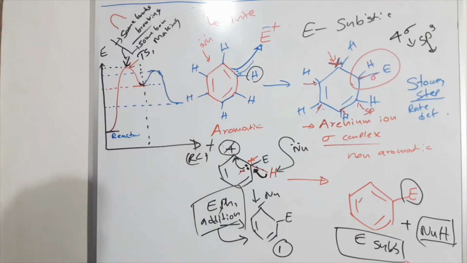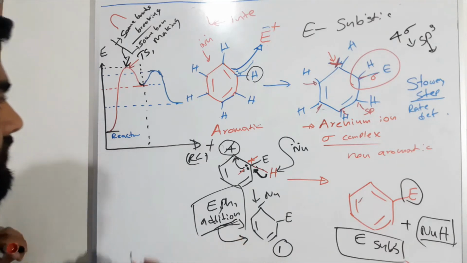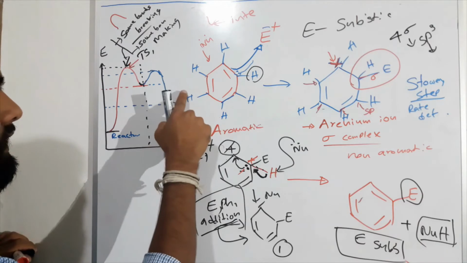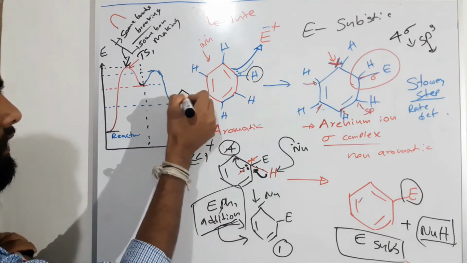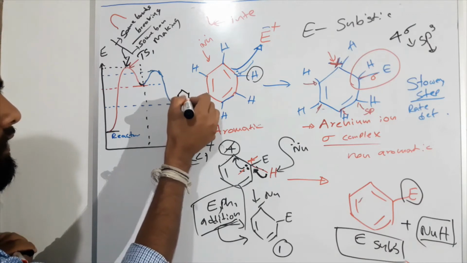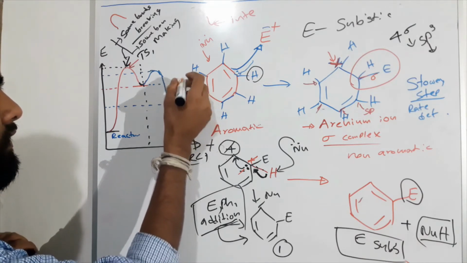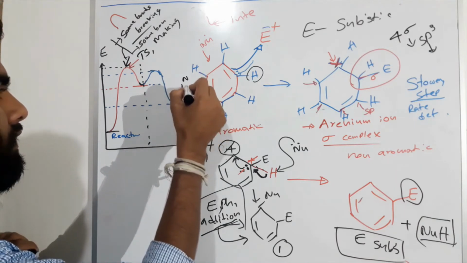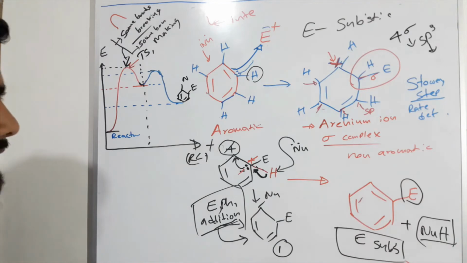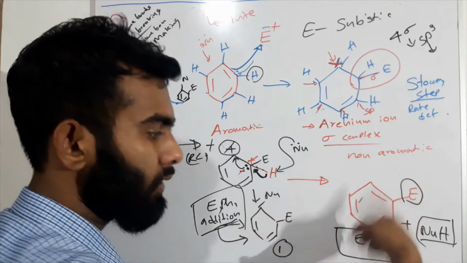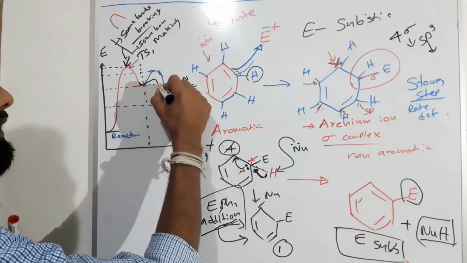In the electrophilic addition reaction, it forms the electrophilic addition product like this. If it undergoes the second pathway, the electrophilic substitution reaction, its energy diagram will be like this.